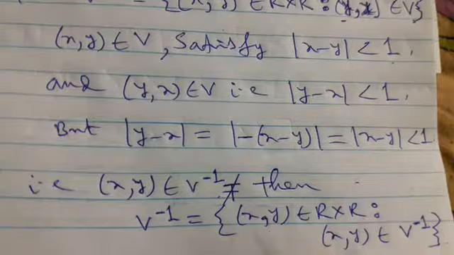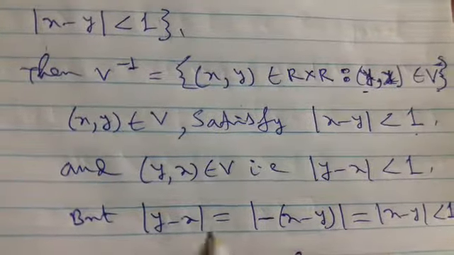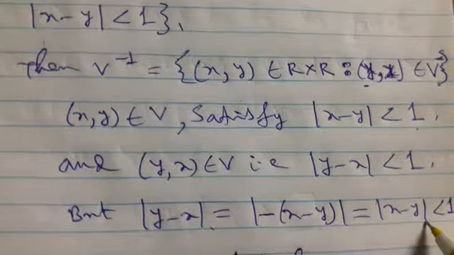So here we find V inverse (x, y) satisfies this, as mod of y minus x is mod of x minus y.